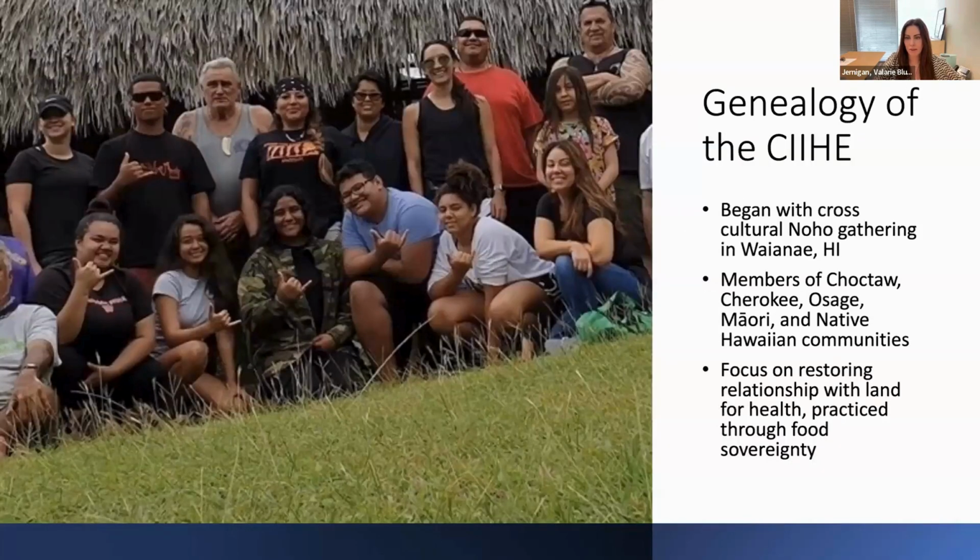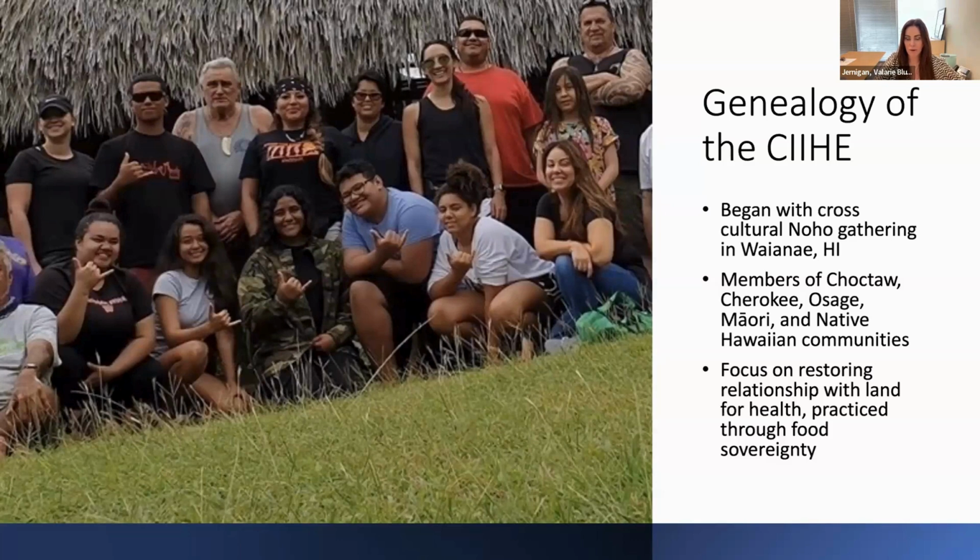So the genealogy of CIHI really began with a cross-cultural learning exchange with our partners. A NOHO is what it's called, where we gathered in Waianae, Hawaii in 2018. It was a group of folks that I brought from Oklahoma, members of the Choctaw, Cherokee, and Osage Nation.